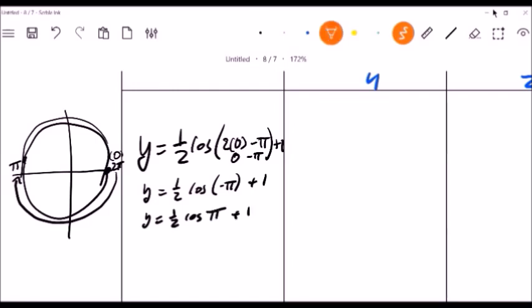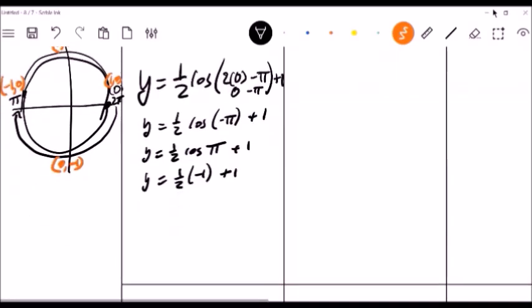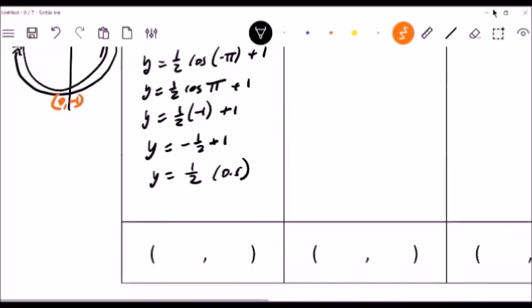And that's what we also need for each of these spots now. At pi here, negative 1 and 0. Here is 1 and 0. So let's just do our main ones: 0, 1, 0, and negative 1. Back to here, y equals 1/2. The cosine is negative 1, plus 1. Y is equal to negative 1/2 plus 1. Well, 1 take away 1/2 is 1/2, or we can do it as a decimal of 0.5.